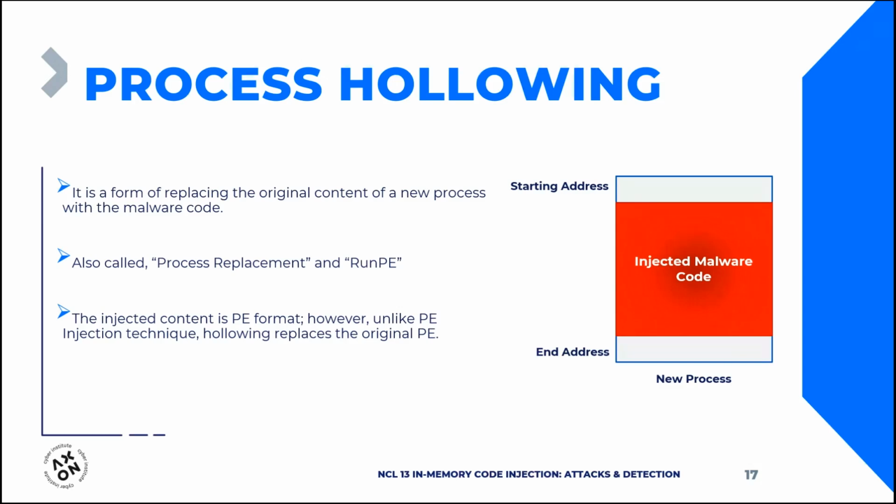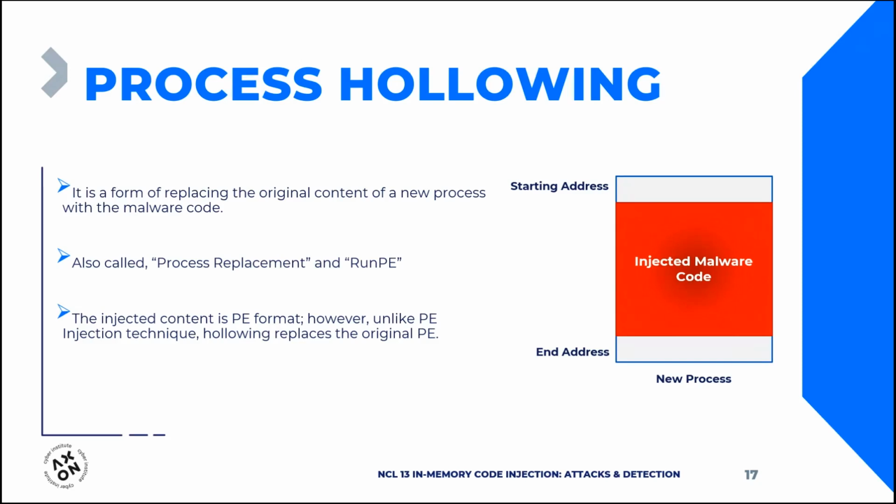So I'm not only injecting my code into unused memory space inside the process, I am actually emptying the entire code and content of the legitimate process, stripping it of its actual code and putting my own code inside it. This is where the term hollowing came from.